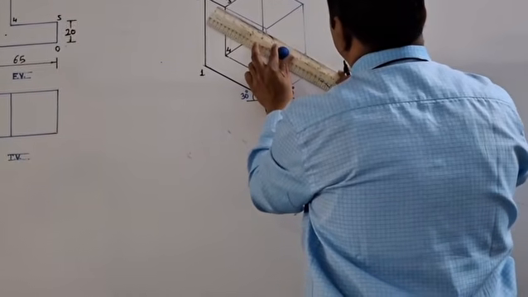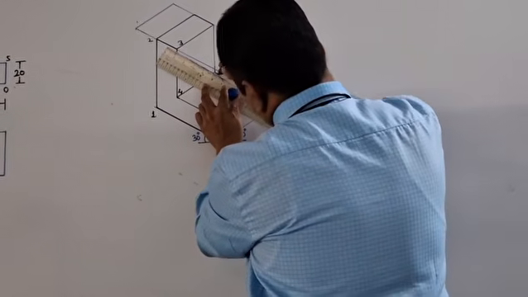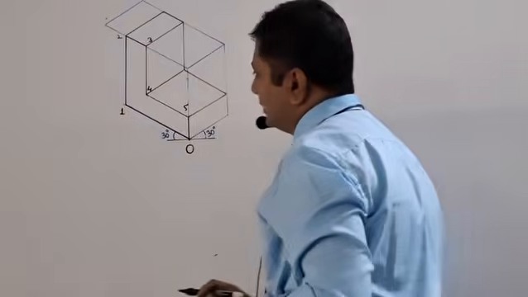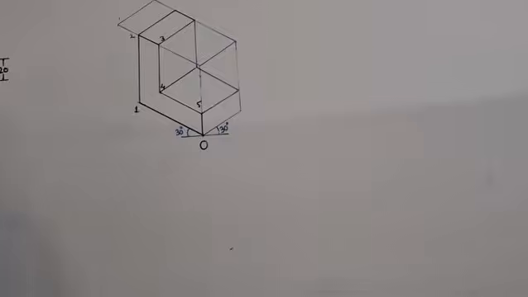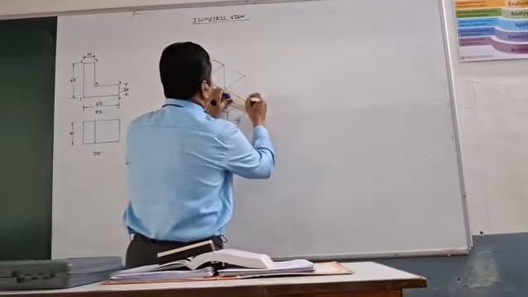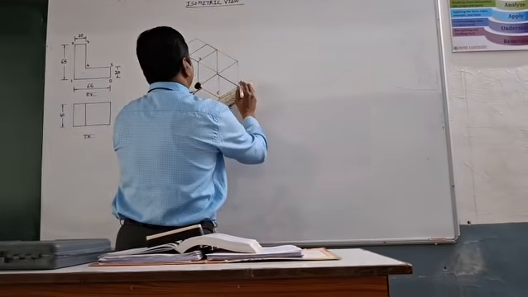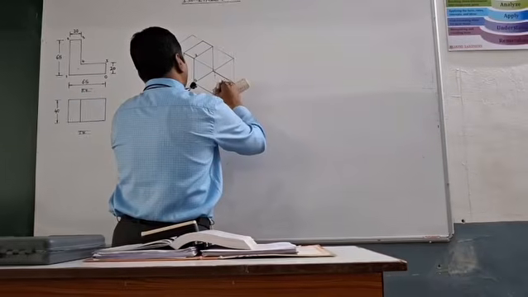Then I have to join this. This is my top view. So I have inserted the top view. Once again, I am just making it dark. This way.